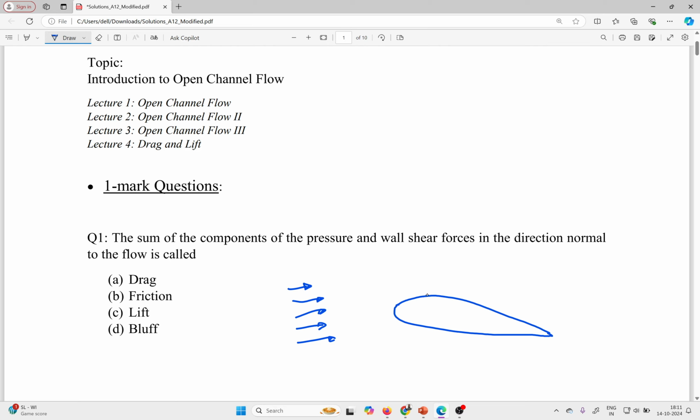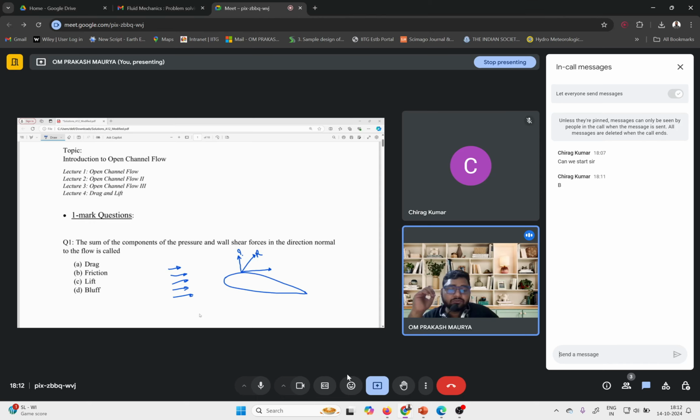So the normal component as well as the other component will be like this, and this is your resultant. The question is asking about this component.